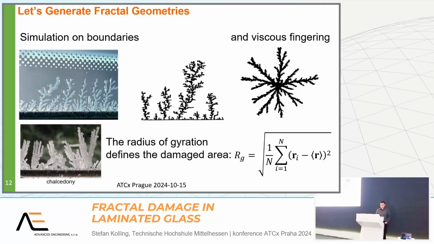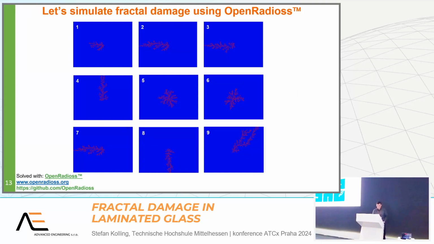You just have to add all the particles that are fractal damage, and then the area or the radius of gyration, this formula, and you can then use it as a 1 minus d damage, which is more practical than this fractal damage, especially for the industry.